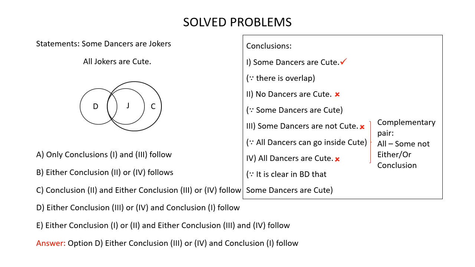Now that you know that conclusion 3 and conclusion 4 are a complementary pair of the type all, some not, clearly this means that this is a case of either or conclusion. So either conclusion 3 follows or conclusion 4 follows. So the correct answer is option D. Either conclusion 3 or 4 follows and conclusion 1 follows.